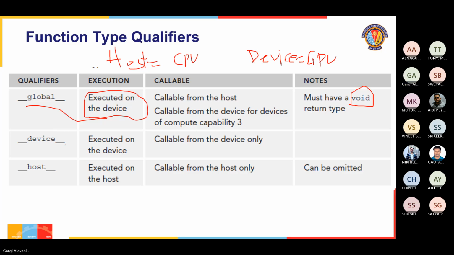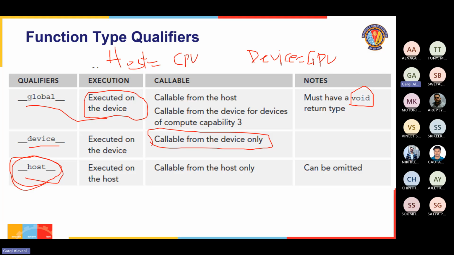Device is executed on the GPU, but it is callable from the GPU only. A global kernel can call this device function. A CPU cannot call this function. Then there are host functions. You may or may not put host on a function. By default, if it is not put, it will be a CPU function.